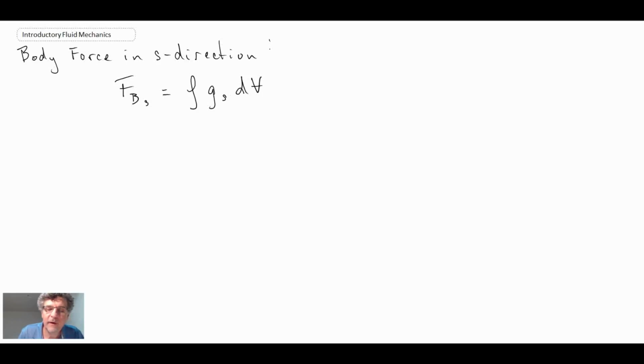So what we have here is the component of gravity acting in the direction of the streamline. And through trigonometry, if we draw our gravity vector, we said the gravity vector was acting in that direction. If we want to evaluate the component of gravity along the streamline, we need to use trigonometry here.